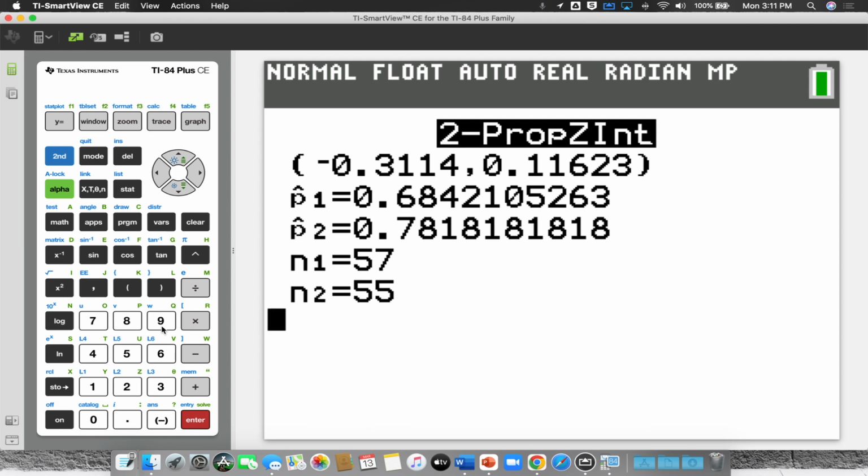And we're going to write down the first thing. The interval goes from negative 0.3114 to positive 0.11623.